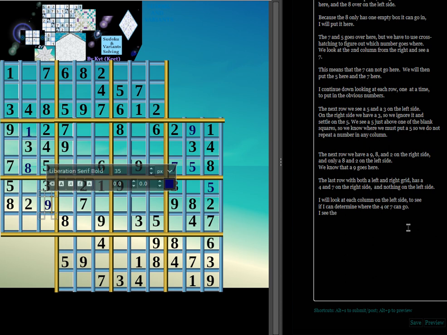I see that the third column is both a 4 and 7, so I know that this box here cannot take a 4 or 7.